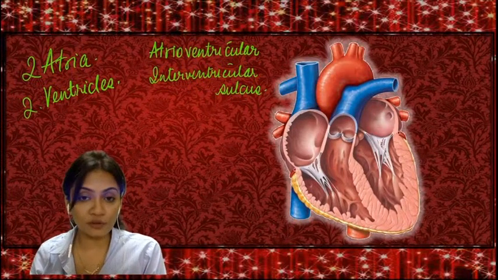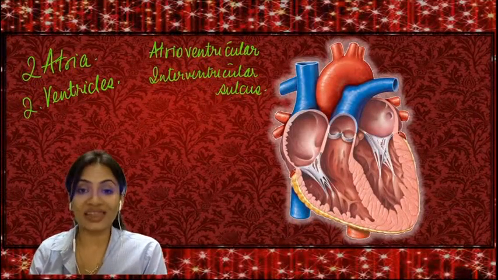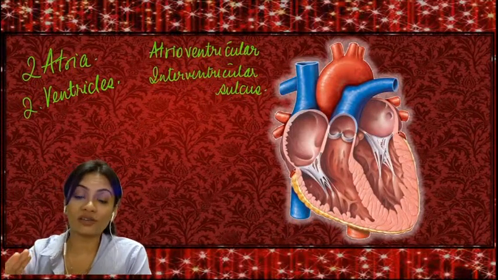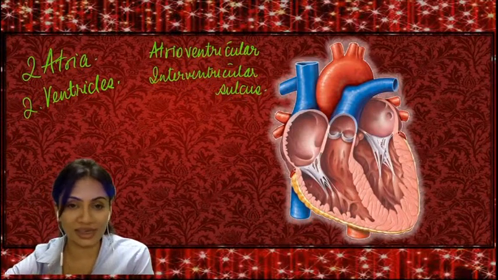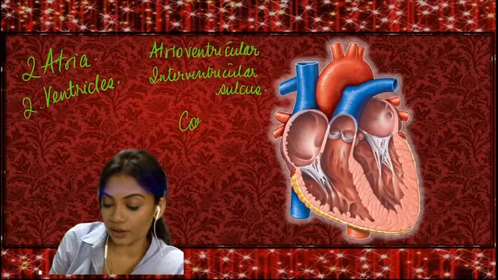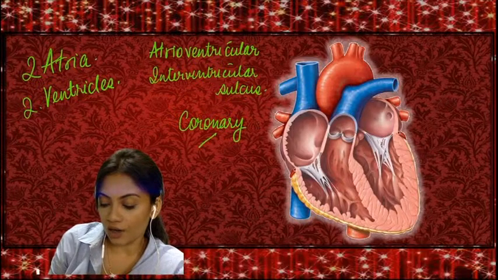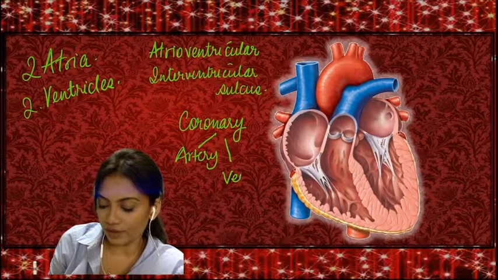Why were there grooves present there? Do you remember that? Grooves were present so that they can accommodate the blood vessels which are restricted only to supplying the heart. Which were those called? Anyone remember those names? They were called the coronaries: coronary artery and coronary vein.